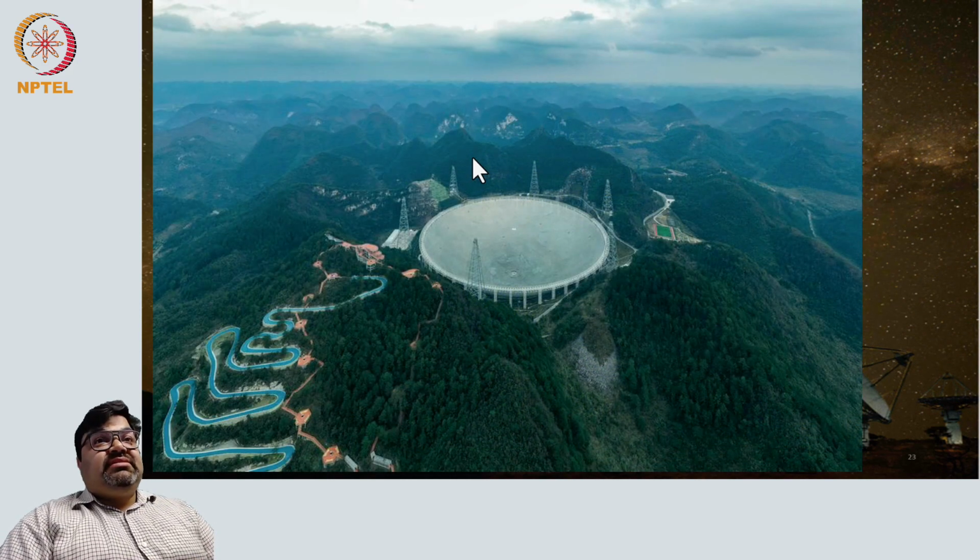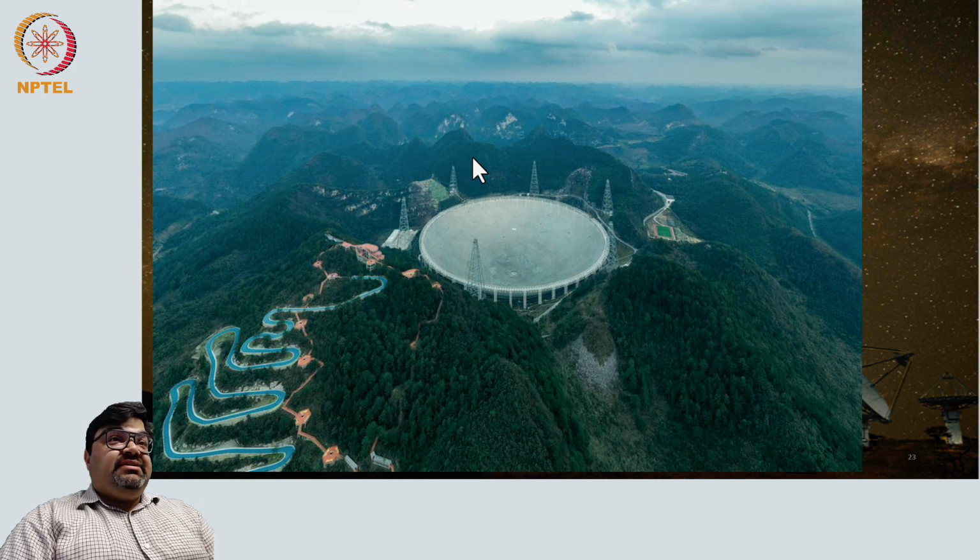Here comes the successor. This is a 500-meter telescope built in China, and it is called the FAST telescope. This is the largest telescope ever built, and it's also fixed on the surface of the Earth.